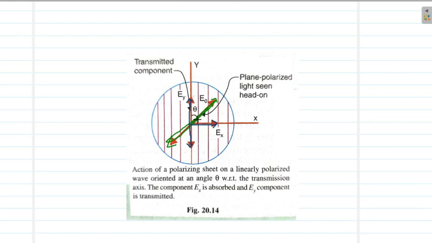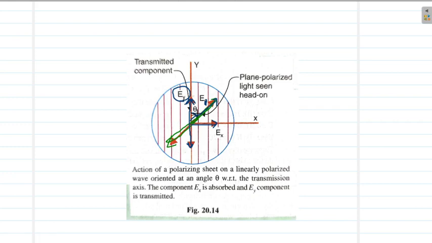That will happen naturally, and the analyzer will only allow the component parallel to the transmission axis to pass through. If E0, or say E1, is the electric field of the incident plane polarized ray, then it will be split into Ex and Ey. Here Ey is the component that is parallel to the transmission axis, and only Ey will be able to pass through this analyzer.